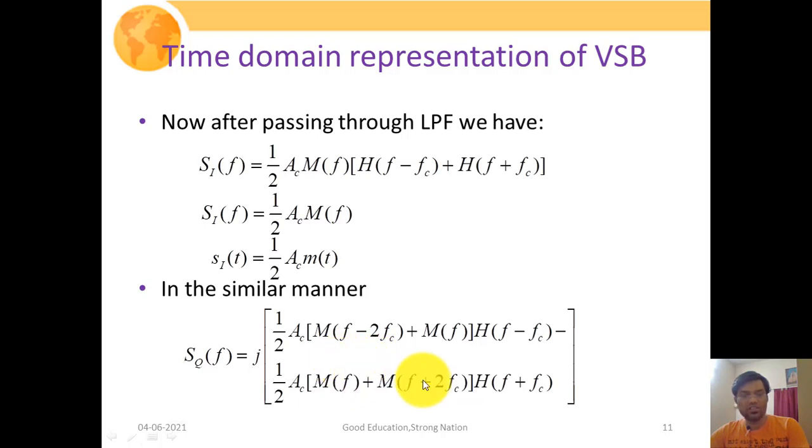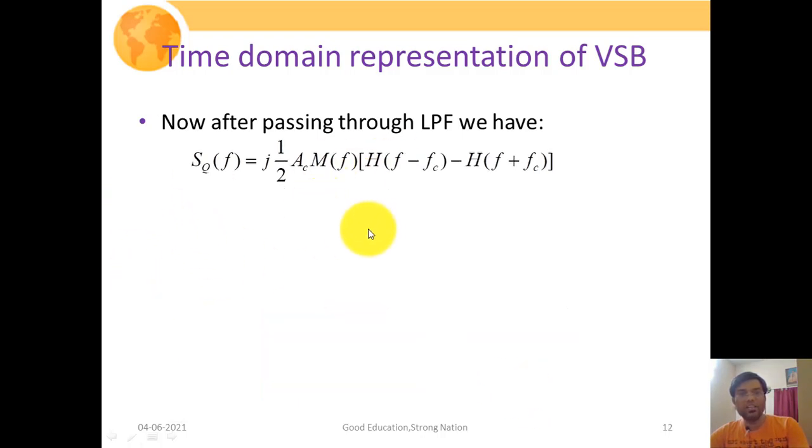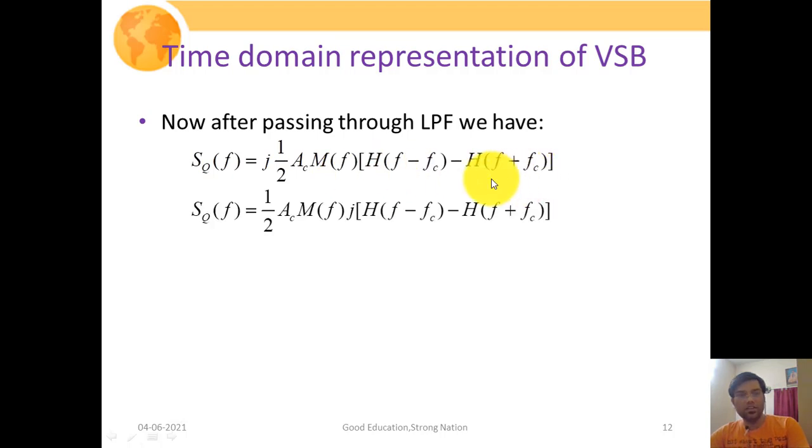This has four terms, and when we pass it through the low pass filter, we are only left with two terms: half of A_C times M(f) multiplied with one of them, and half of A_C times M(f) multiplied with the other. After passing through the low pass filter, we have j times half of A_C times M(f) times [H(f − f_c) − H(f + f_c)]. So S_Q(f) turns out to be half of A_C times M(f), j times [H(f − f_c) − H(f + f_c)].